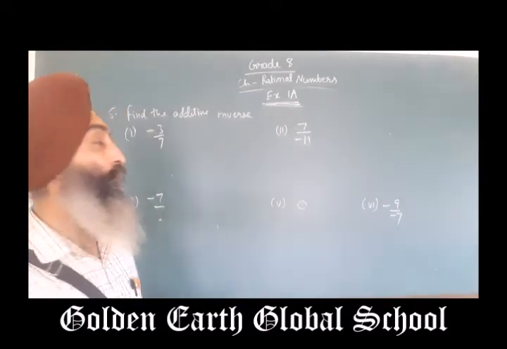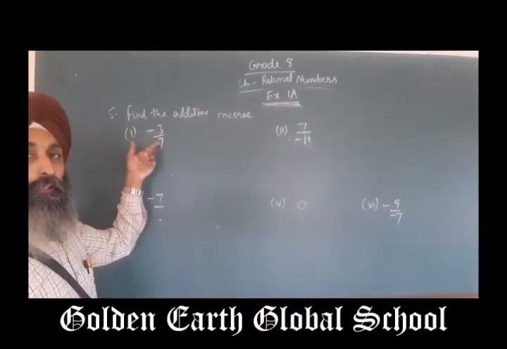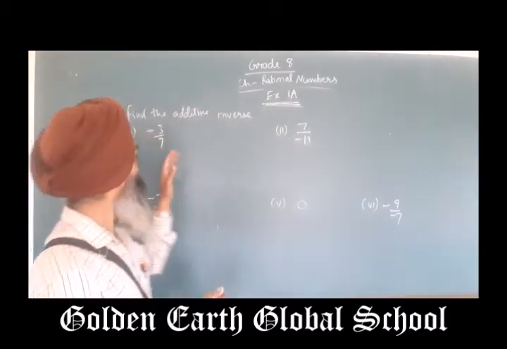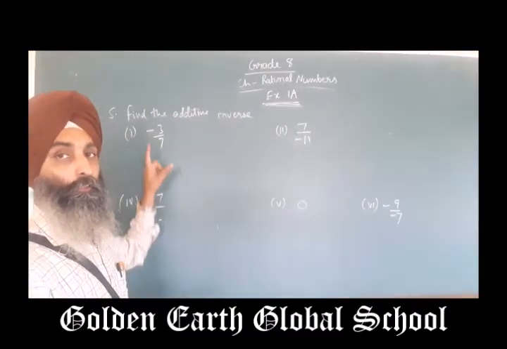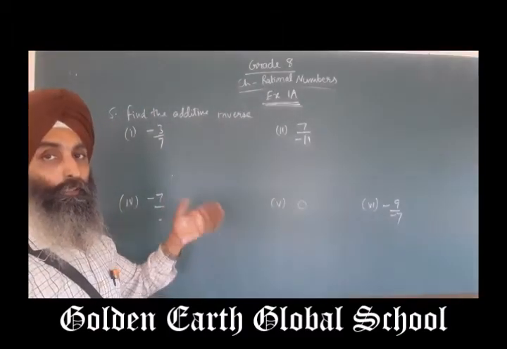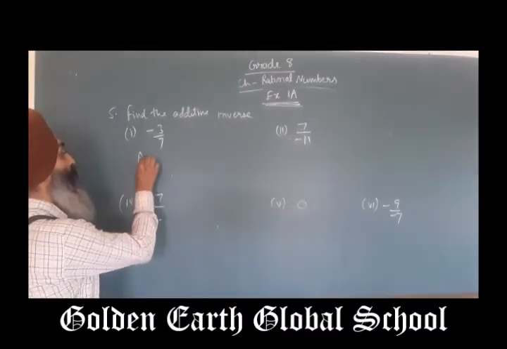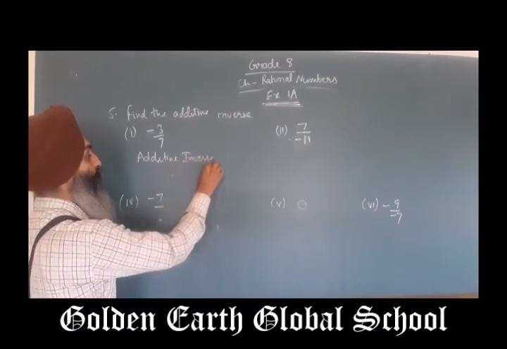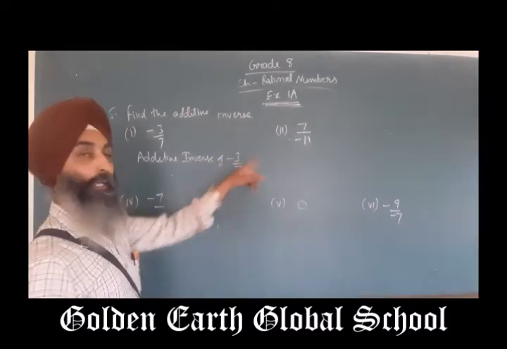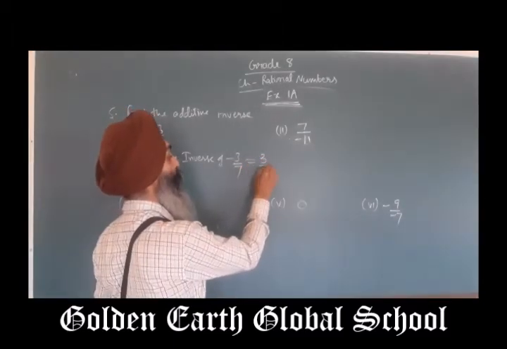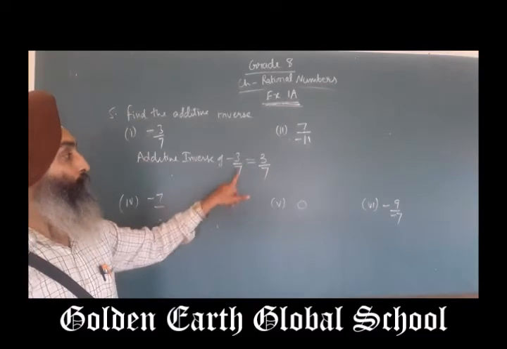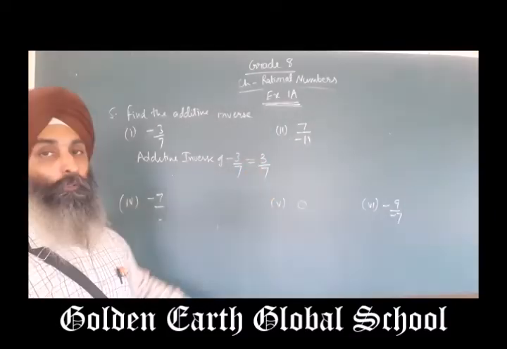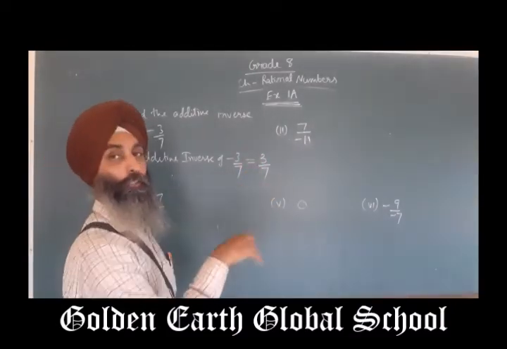Additive inverse means इसमें क्या ऐड करें ताकि ये जीरो बन जाए, या फिर इसको सिंपल लैंग्वेज में बोलेंगे कि नेगेटिव ऑफ अ नंबर, नंबर का नेगेटिव कर दो बस, you will get additive inverse. So additive inverse of minus 3.7, इसका नेगेटिव क्या होगा? प्लस 3.7. It means अगर मैं इसमें ये ऐड करूं तो मेरा जीरो आ जाएगा ना, समझ गए? So additive inverse means negative of a number, whatever the number you have given, just make it negative.